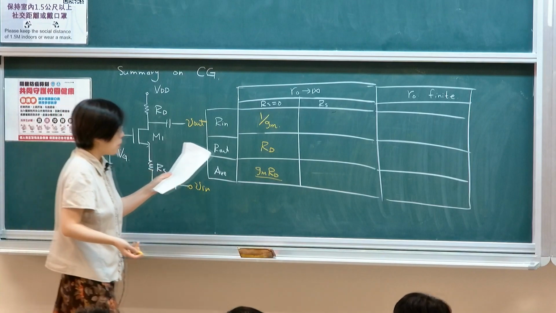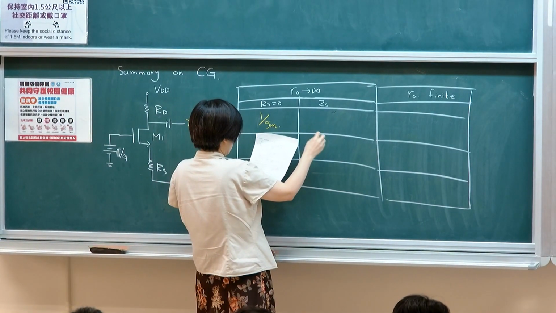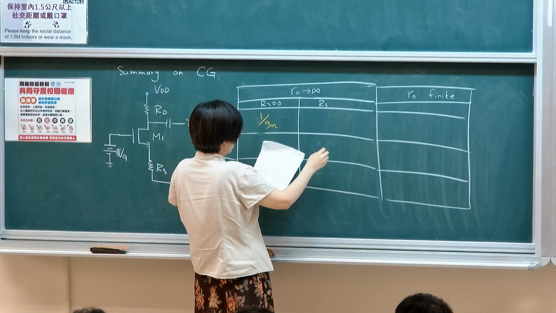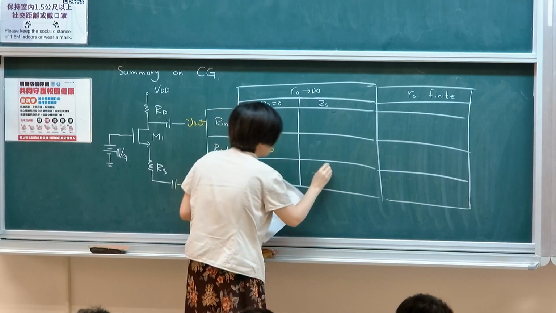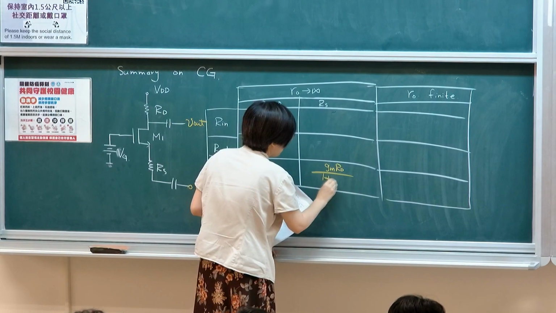If source resistance is incorporated, I just write down the gain part. The most effect is on the gain, 1 plus gm Rs.